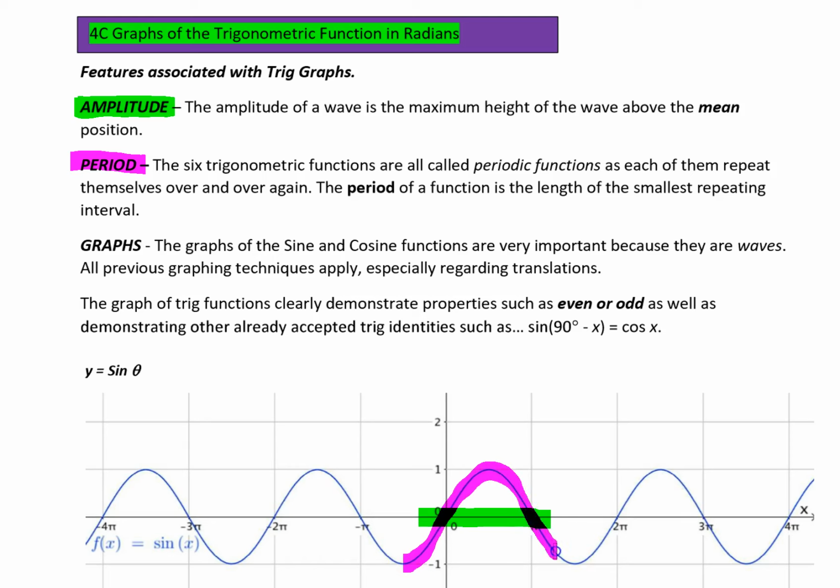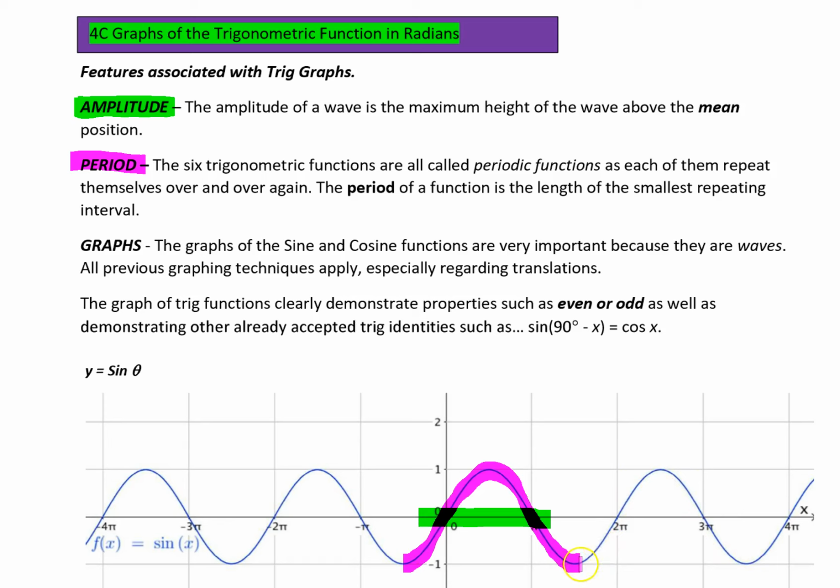So if I draw one complete cycle, which more correctly is called the period, you can see that it just keeps on repeating that exact same shape.